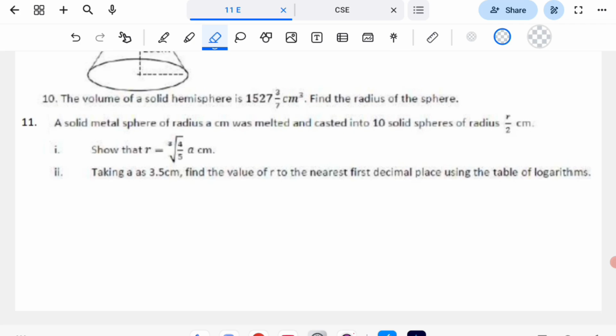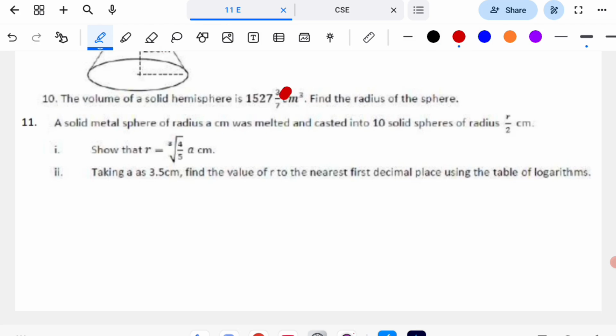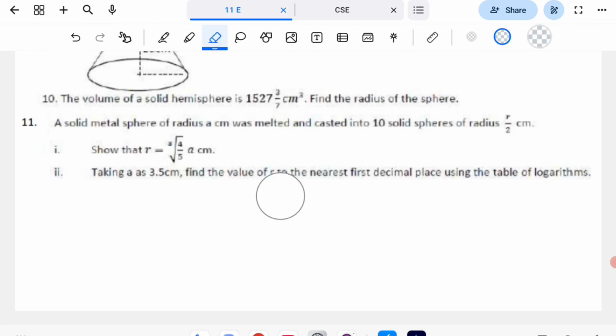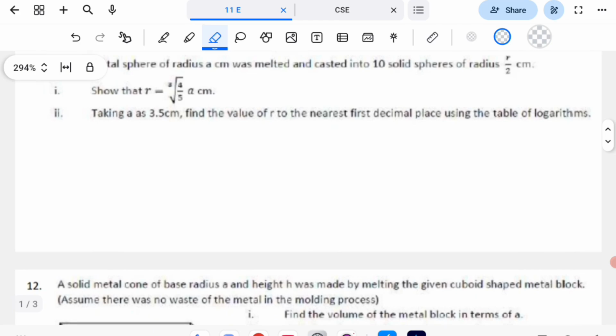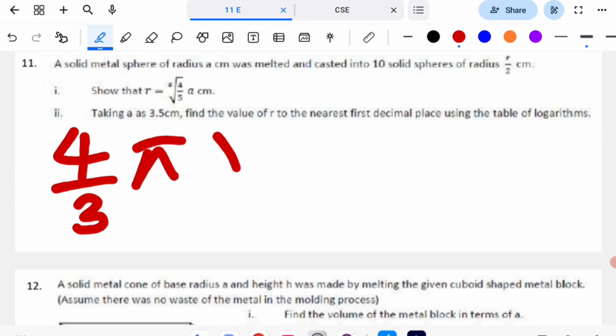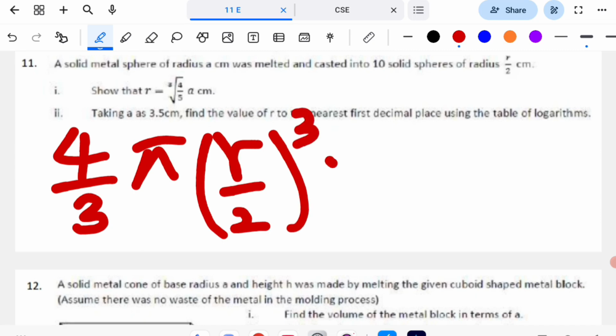We can get the volume of 10 metal spheres: 4 over 3 π, radius r over 2 cubed, into 10, should equal the volume of the initial solid.